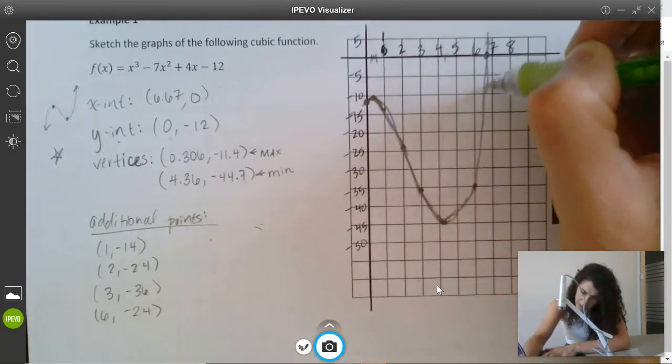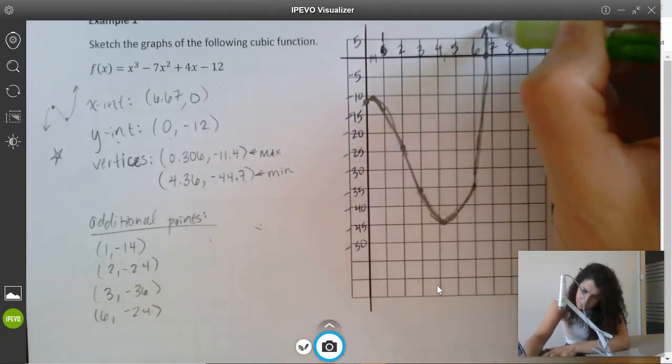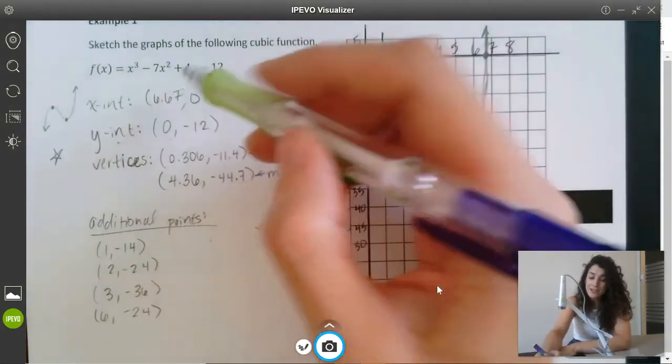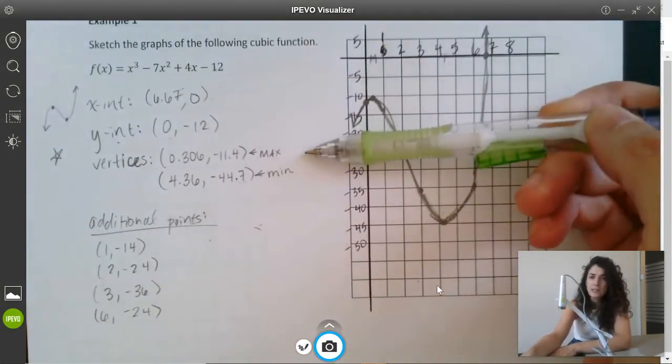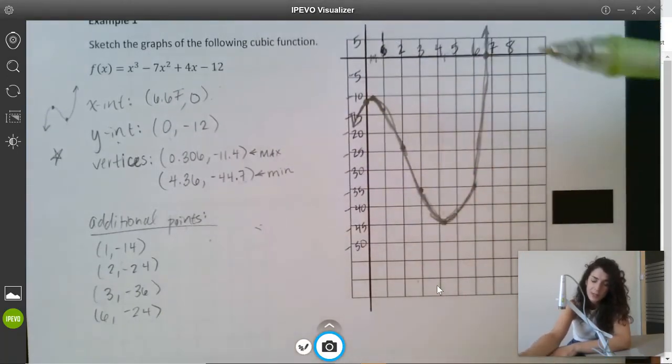It's going to look something like this. So notice only one x-intercept, whereas it could have more than one. Notice if my x-axis was like somewhere down here, I would have 3 x-intercepts. But since it's way up here, I only have 1.